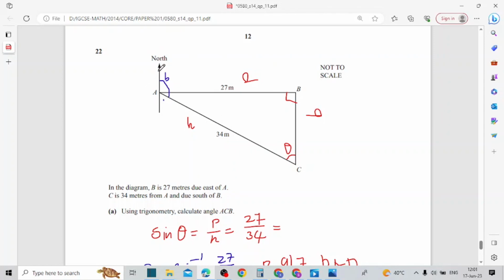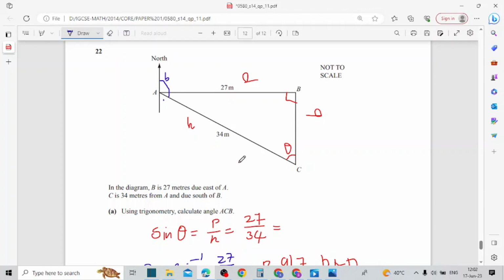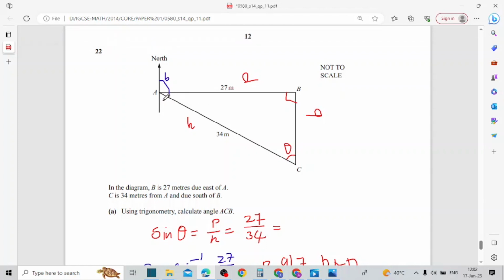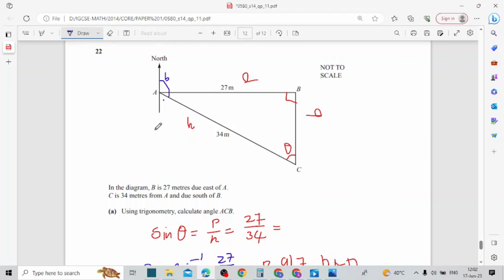If you take the north line at A and this BC as two parallel lines, AC becomes a transversal. So the angles are equal, and what you have as theta, the same will be here. Now what is the rest? This is the bearing. And what is the value over here? Same, 52.6.